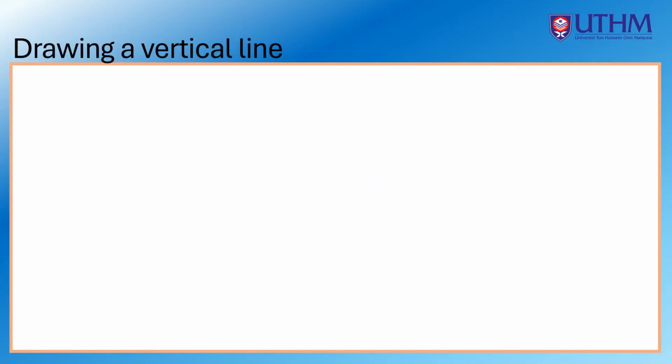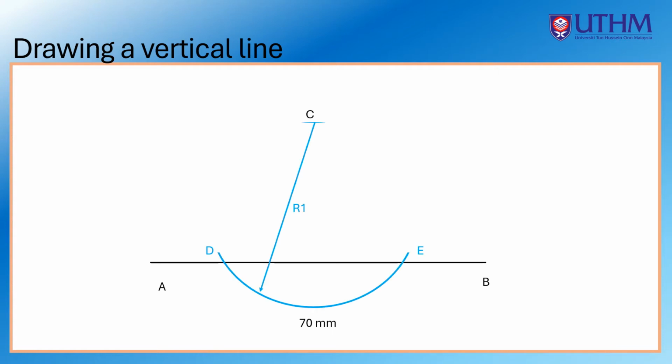Drawing a vertical line. Let's say you have a line AB with a length of 70 millimeter. Then, using your compass from any point, in this case point C, make a curve with radius R1 that intersect line AB at point D and E. Then, from point D, make a curve above and below line AB.